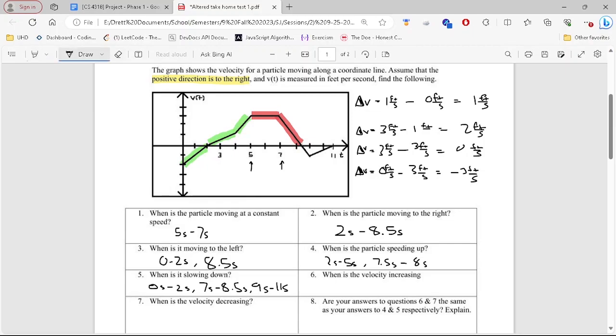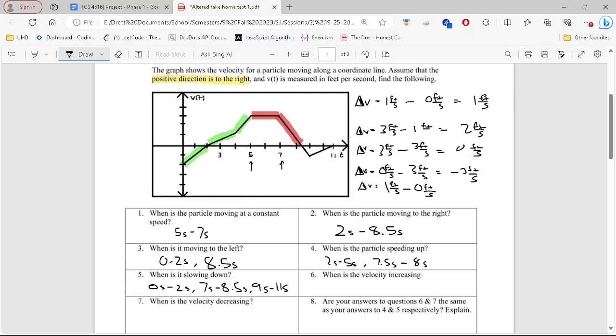Okay, so what about here? From 7.5 to 8. We got that this was speeding up before, but is the velocity increasing? Let's calculate. Change in velocity is going to be equal to the final point, which is going to be 1 feet per second, minus the initial point, which is 0 feet per second. My apologies.